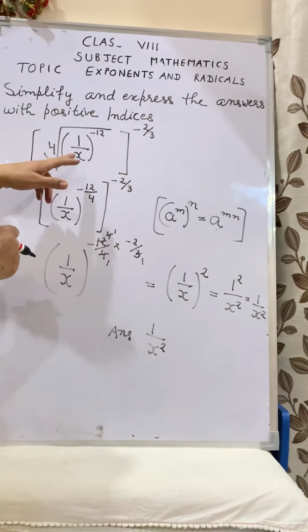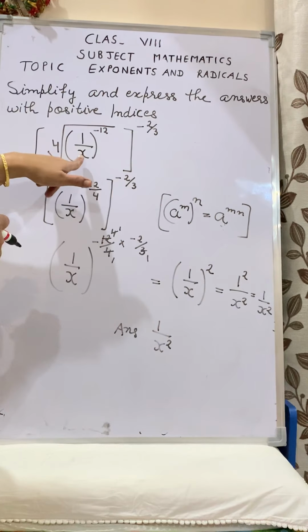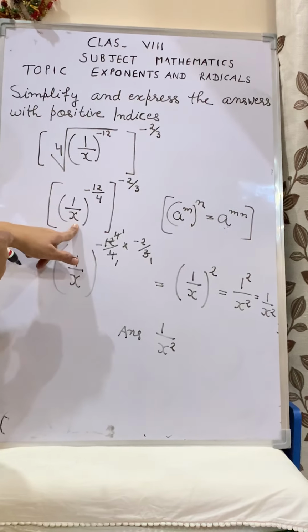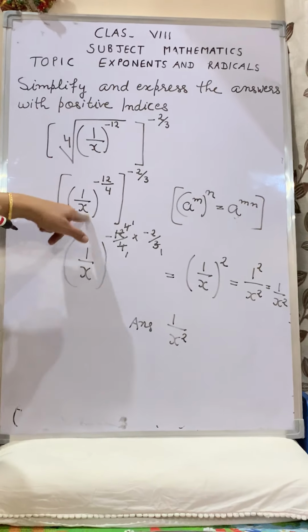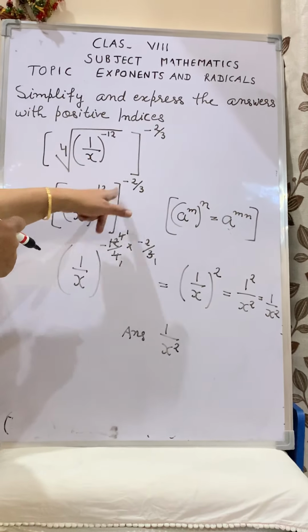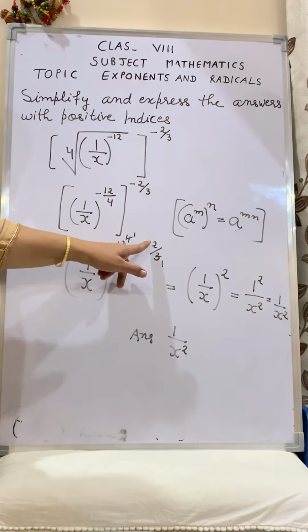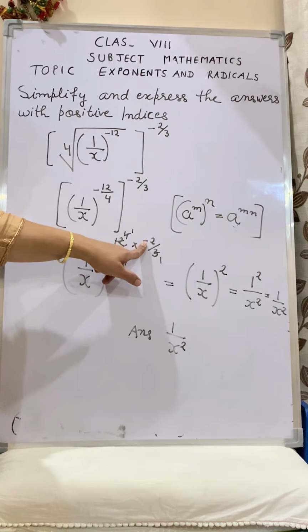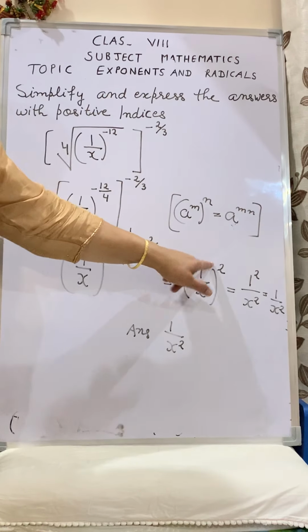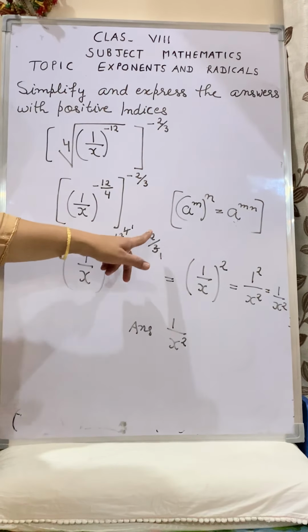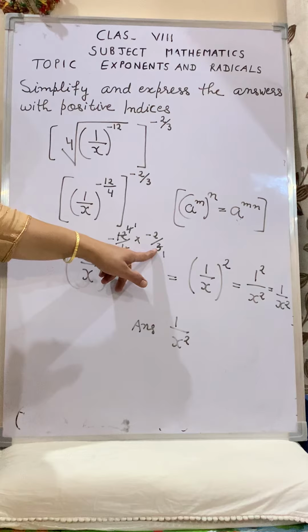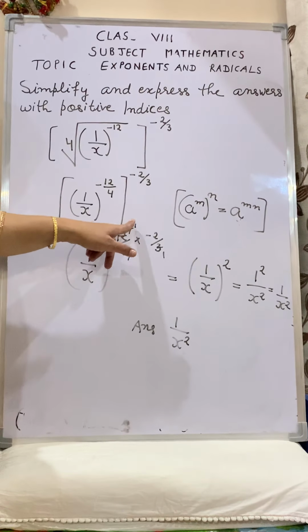When the radical is given, you have to write it in the exponential form like this. Now it is m, it is n. We will multiply the exponents. Minus multiplied by minus will be positive. Positive answer. 3 ones are 3, 4 ones are 4.